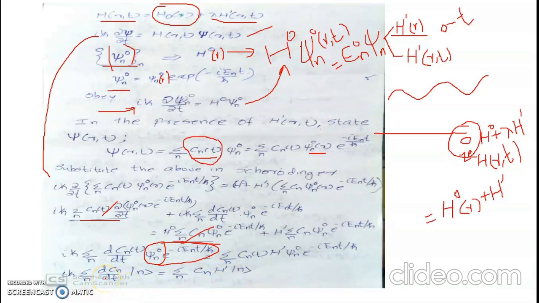I am interested in identifying the probability amplitude of transition of the system that is being perturbed from some of its stationary state to some other stationary state as a consequence of this perturbation. I have already made my point clear to you. This probability amplitude is somehow related to this expansion coefficient. So my primary aim is to find an equation for this expansion coefficient.